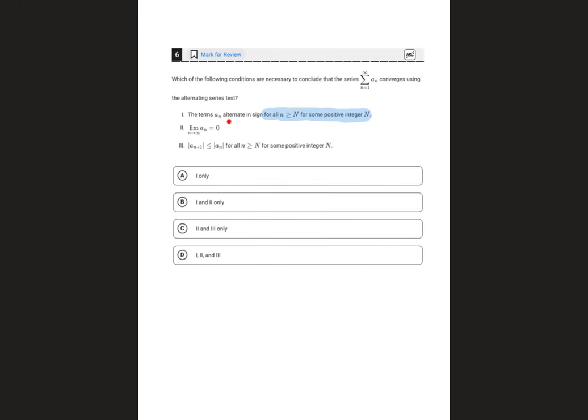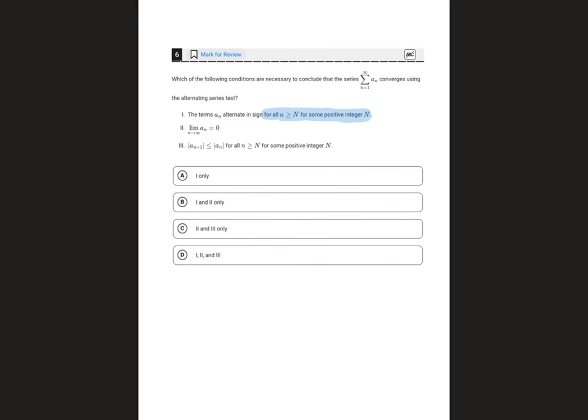The terms have to alternate signs past some point, past some term. It could be the 100th term and on, or the 1,000,000th term and on. So it doesn't really matter what's going on with the first 100 terms or 1,000,000 terms or trillion terms. It just matters from a certain point on, something has to be true.